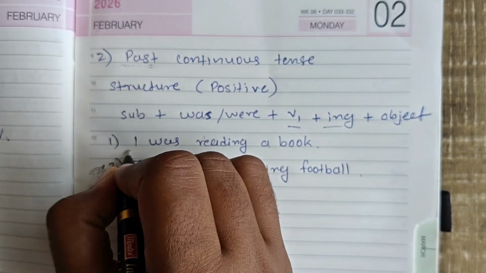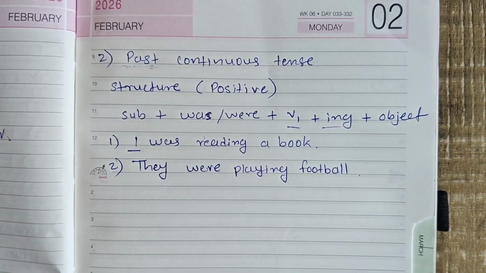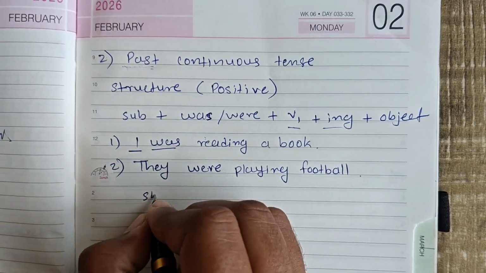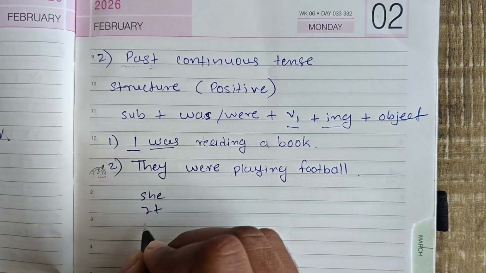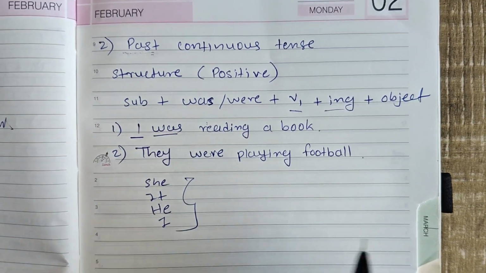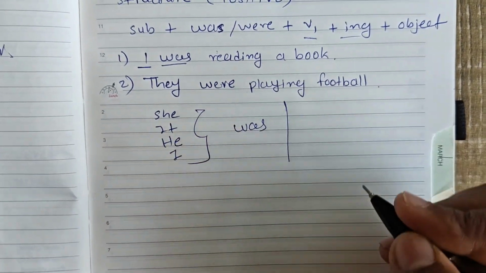Along with the singular subject we always use was, like she was, it was, he was, I was. With the singular subject we always use was.